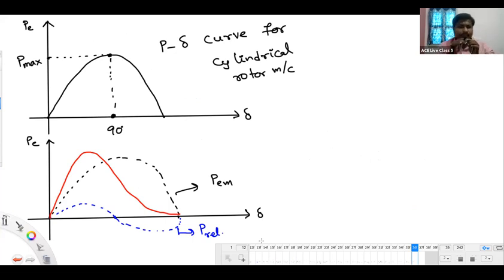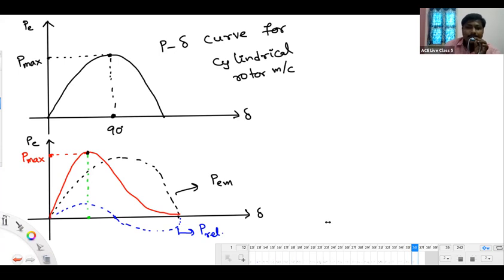Now, a very, very simple thing I am asking. This is a point at which we are getting the maximum power. And at what angle are we going to get that? Let me show you in a different color, the dots. Definitely this P maximum is going to come, in the case of a salient pole machine, at an angle less than 90 degrees.